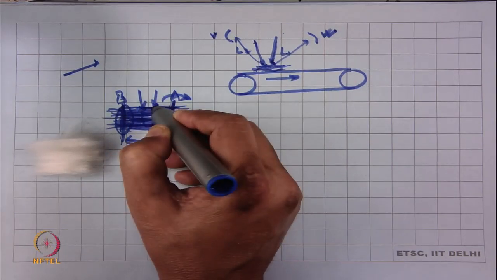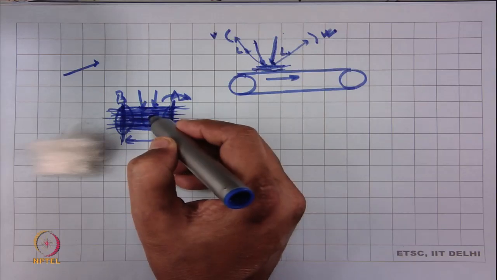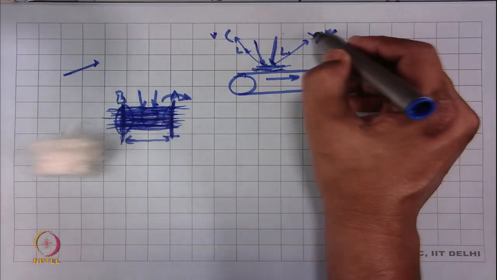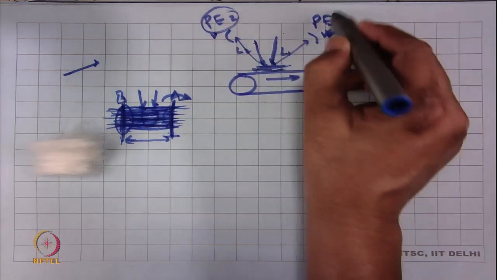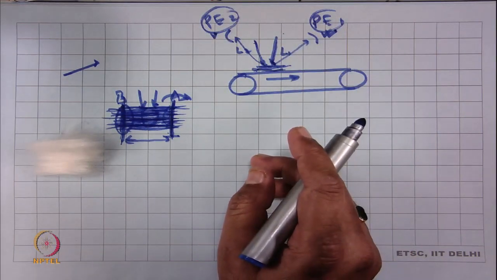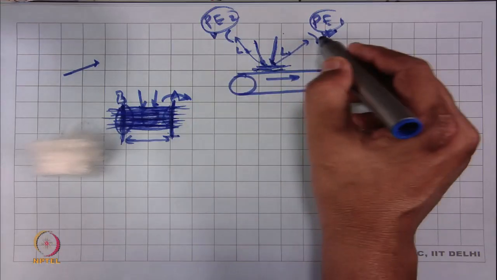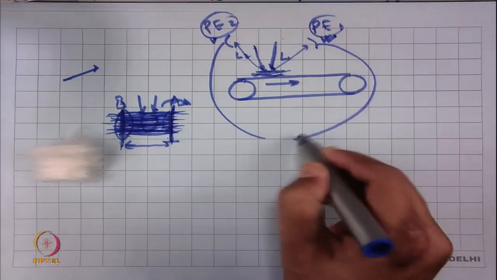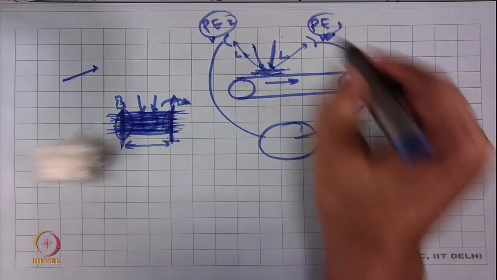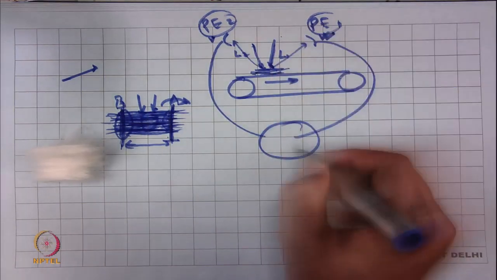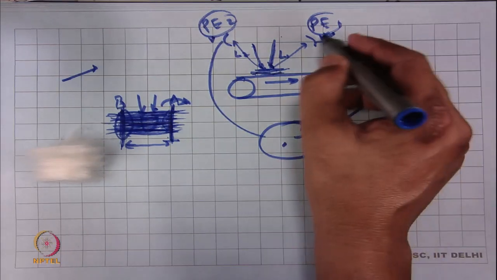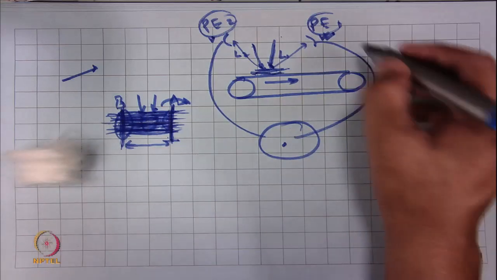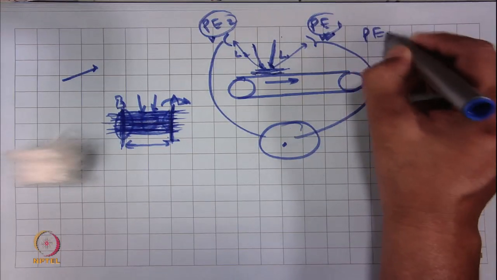As this is a dense portion, this will send almost equal signals. So, the photoelectric sensors PE1 and PE2 are receiving light of the same intensity, and the difference of intensity, P1 minus P2, is measured here.